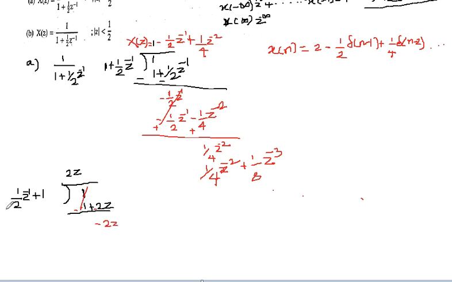Now our next aim is how can we cancel this term. With what can I multiply so that minus 2z I can generate here? So minus of, let's say, 4z square. When we take minus of 4z square, then what happens? We get 2 into z raised to minus 1 into z square will give us 2z.